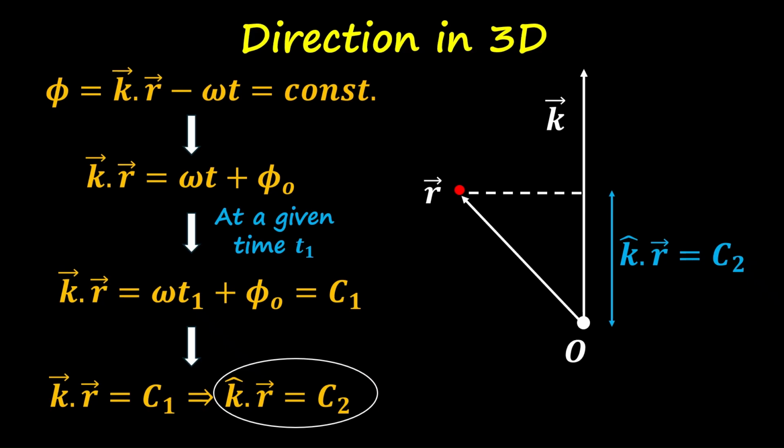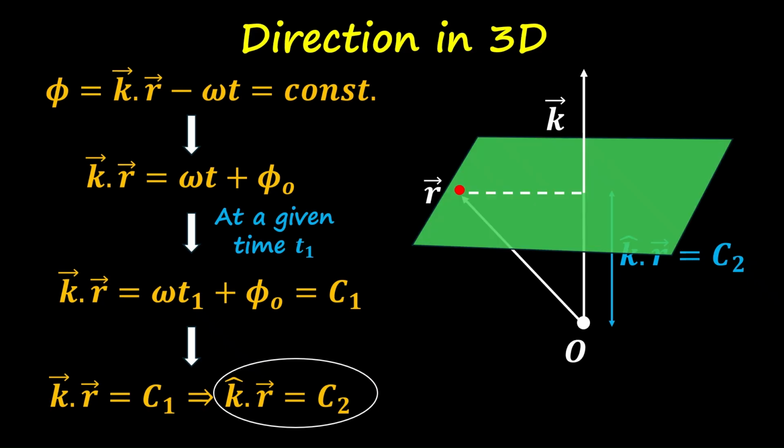Now this dot product is a constant. If I try to find similar points which satisfy this condition, that is k cap dot r vector equal to c2, then I'll be getting a plane. So basically this equation is the equation of a plane.